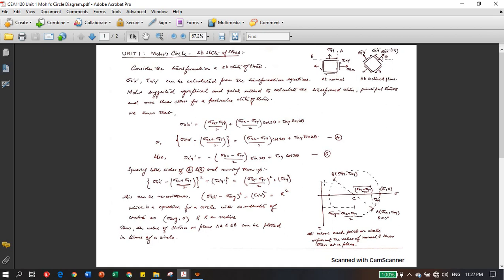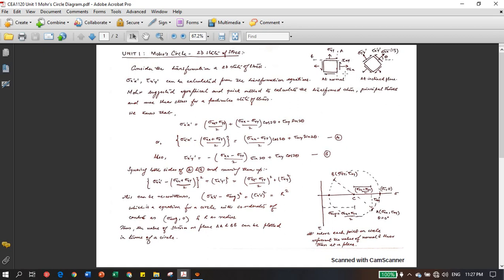If you are going to transform this, how we can draw it is very simple. First of all, you have to see the original state of stress, what is the value of normal stress and shear stress. This is your A plane, the positive x plane, and this is your positive y plane, let's call it B. So you have to plot this basically.